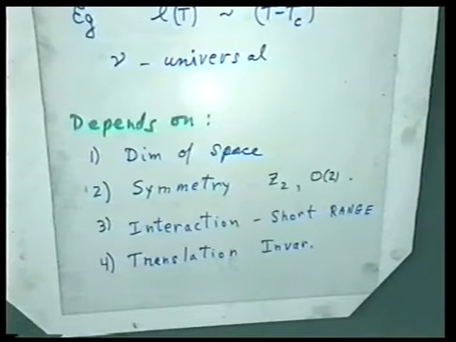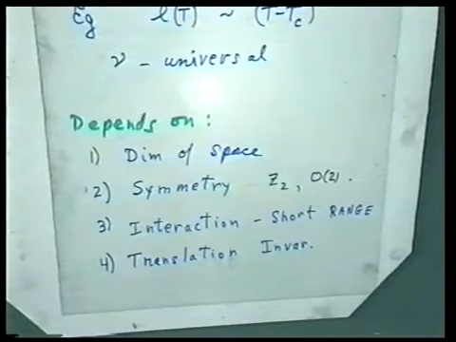Finally, something which is sometimes forgotten is that the laws of physics, your interaction, should be translation invariant. So if I look at a sample here and here, the interaction should not change.